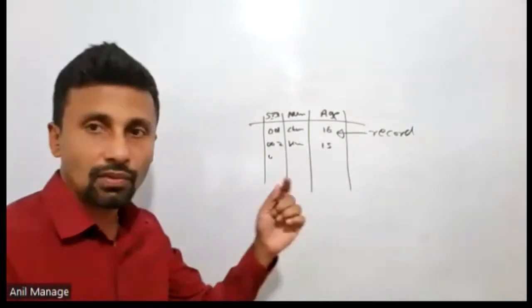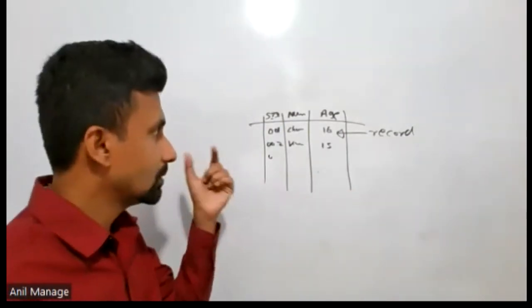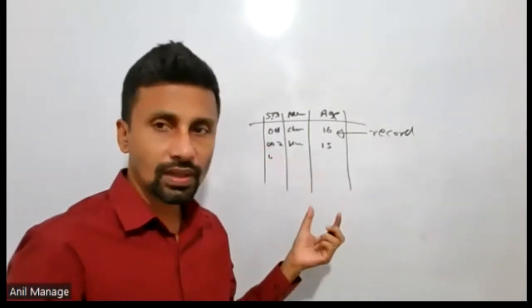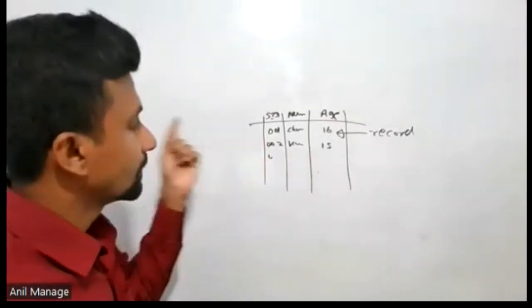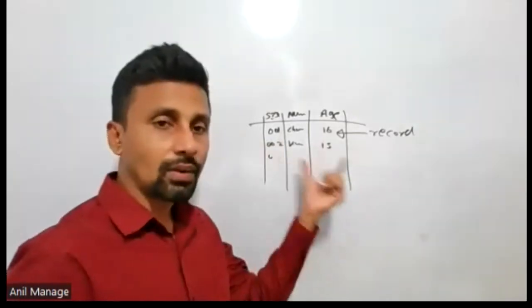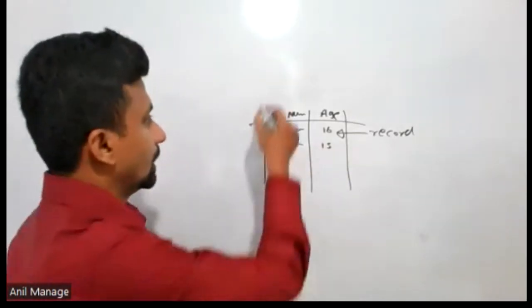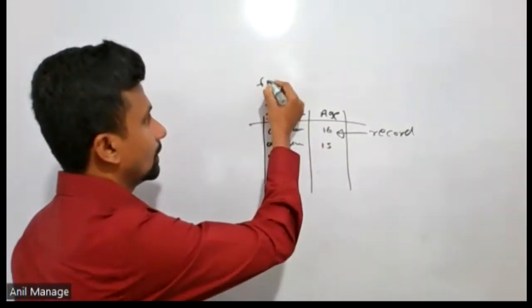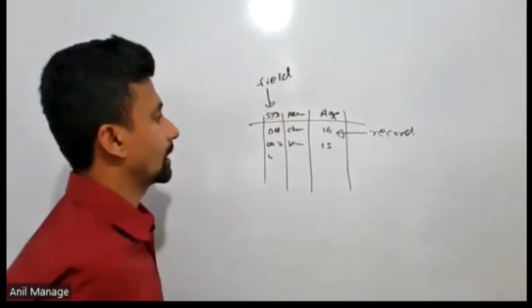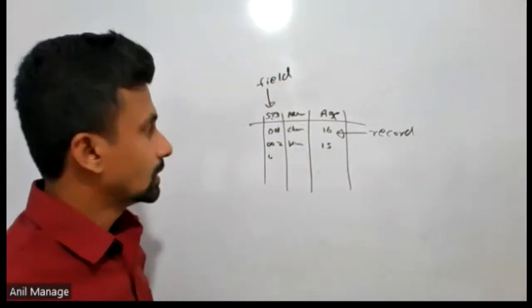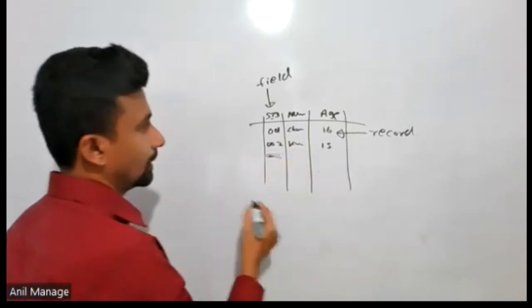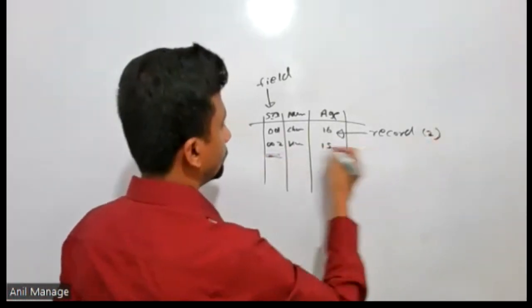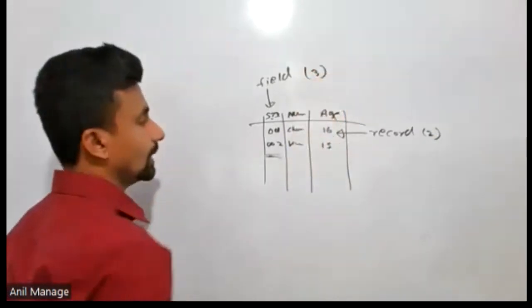This one line. Now take this note down, you can take them down quickly, and I will give you the recording also later, right? One row is called a record. This is called a field. So in this table, I have 2 records and 3 fields.